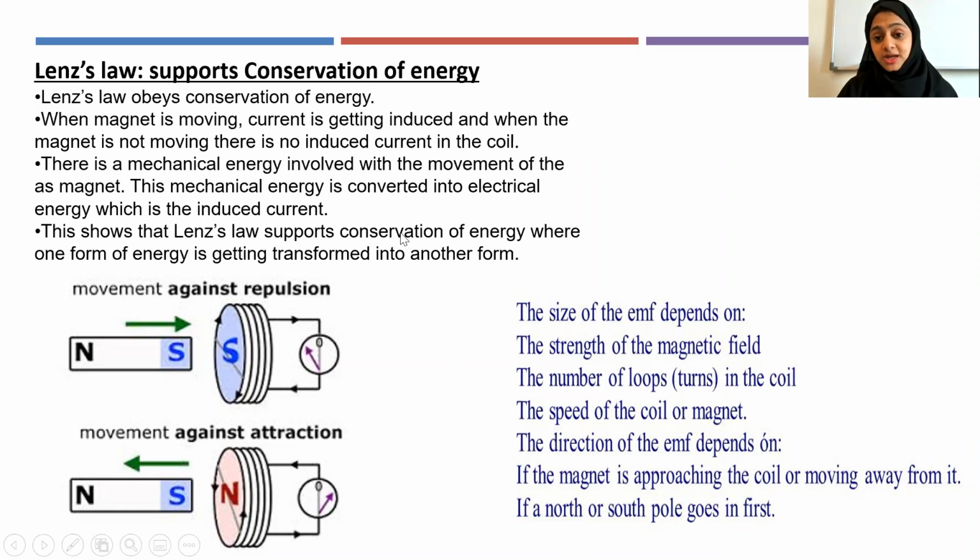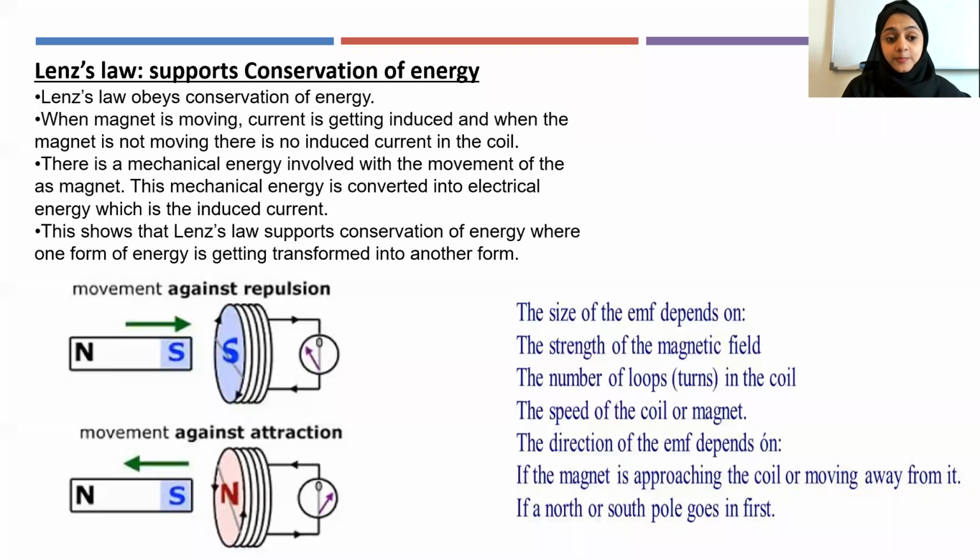So now can you tell what type of energy transformation takes place during electromagnetic induction? From what form of energy to what form of energy? Mechanical to electrical. Yeah. So during electromagnetic induction, mechanical energy gets converted to electrical energy.